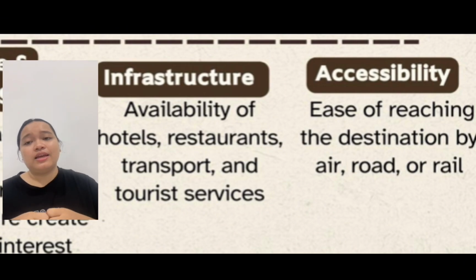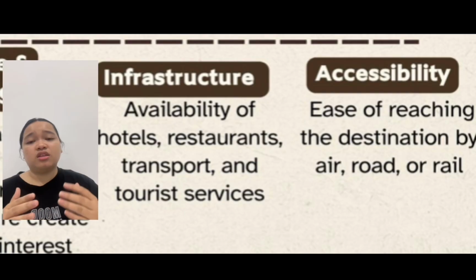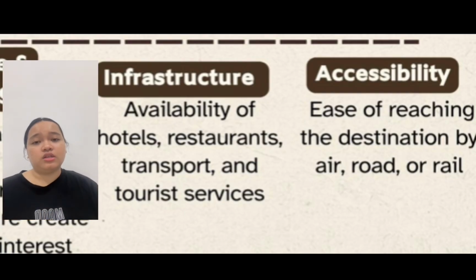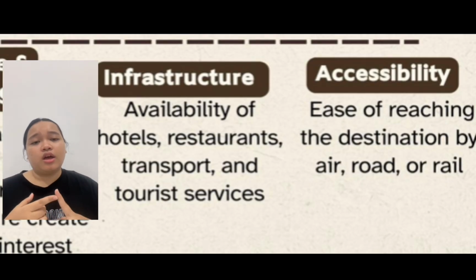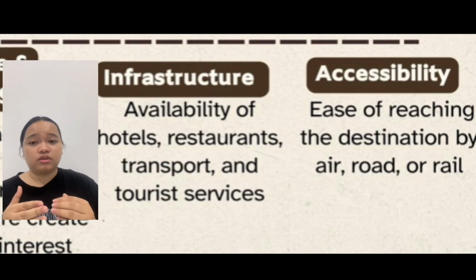Finally, accessibility determines how easy it is for tourists to reach a destination. Good accessibility includes having an international airport, efficient public transport, and well-maintained roads.